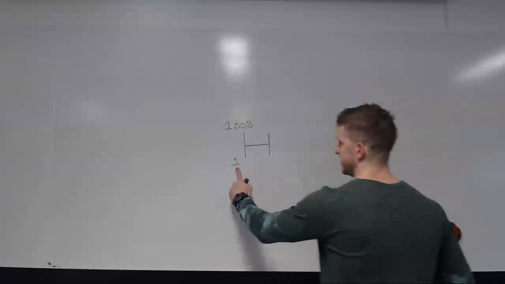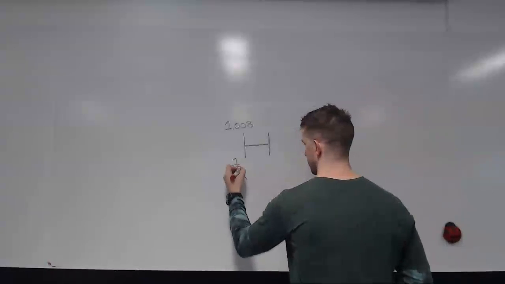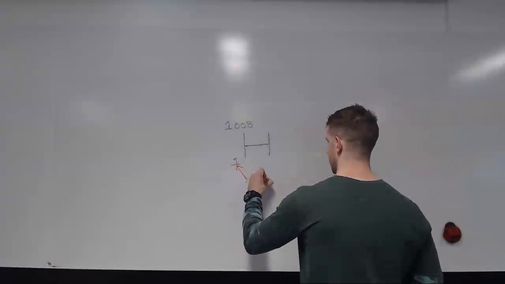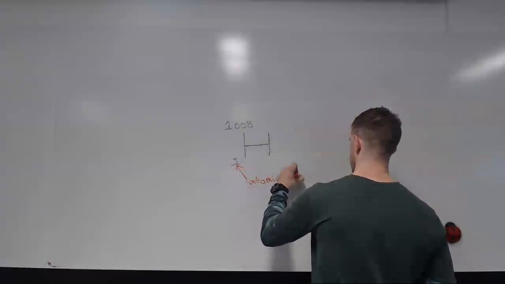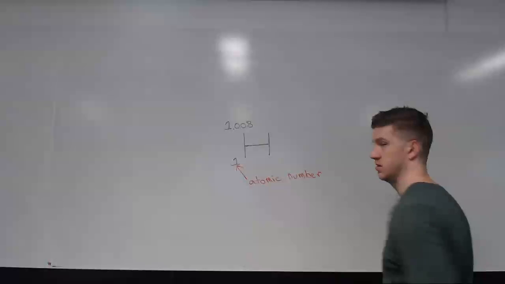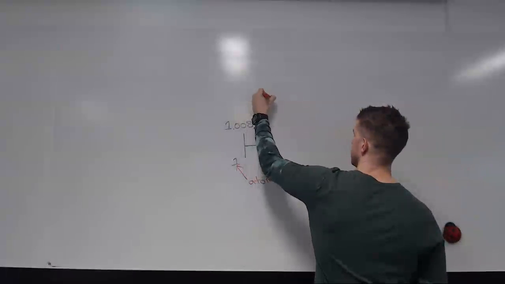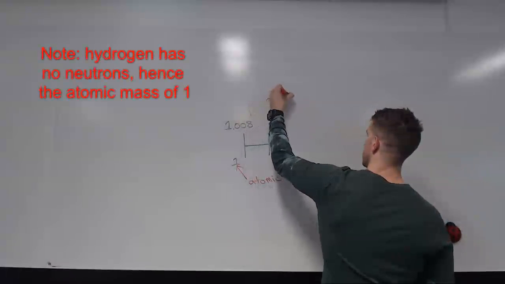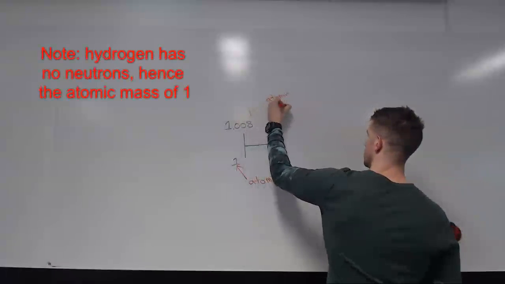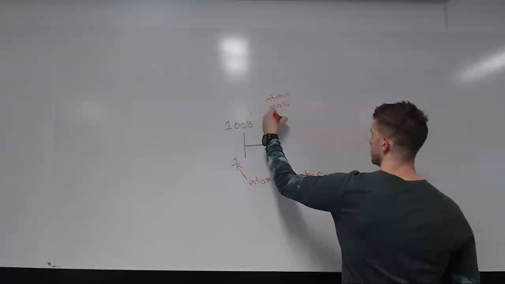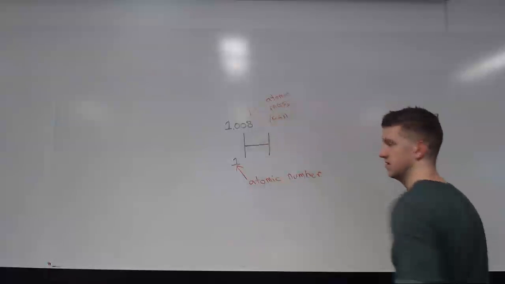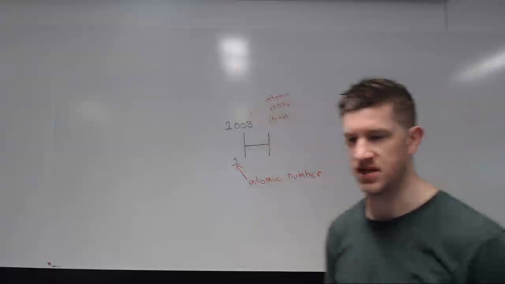In this case, you can see I've written this number here as your atomic number. And the number at the top is your atomic mass. So I can think of this as the protons plus the neutrons. That's how we get that. It's the mass of those things.